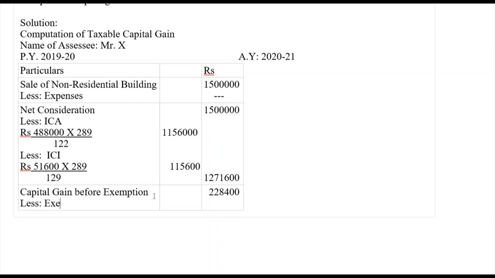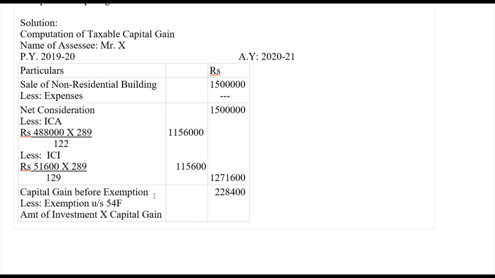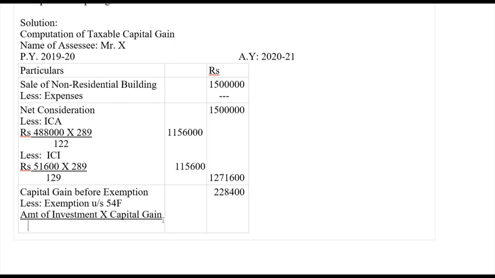Now less exemption under section 54F. Here it is a proportionate exemption, so the formula is amount of investment multiplied by capital gain, whole divided by the net consideration.